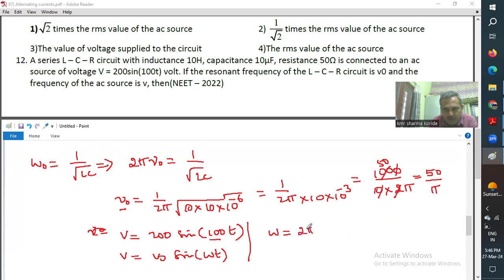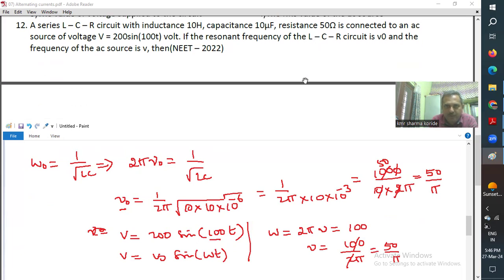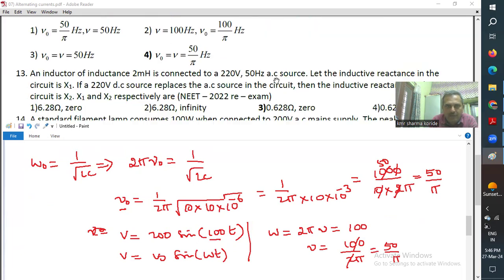Omega means 2 pi times the frequency of the source nu, so 2 pi nu is equal to 100. Therefore, the frequency of the source nu is 100 by 2 pi, and you once again get 50 by pi. So this frequency matches the resonating frequency, where the current amplitude will be maximum.